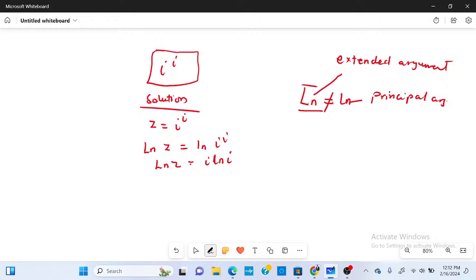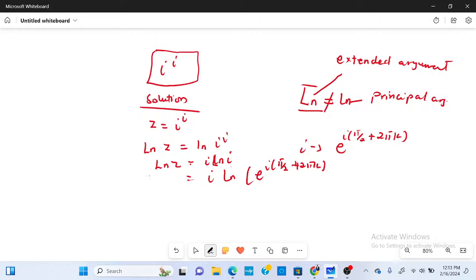So I'll take capital Ln on both sides, and at this point, my ln i, expressing i in polar form, I hope by now you have it in mind, is i pi on 2 plus 2 pi k. I'm adding the 2 pi k because I took the capital Ln, so I have to bring the extended argument. So you have i multiplying Ln of e to the i pi on 2 plus 2 pi k.